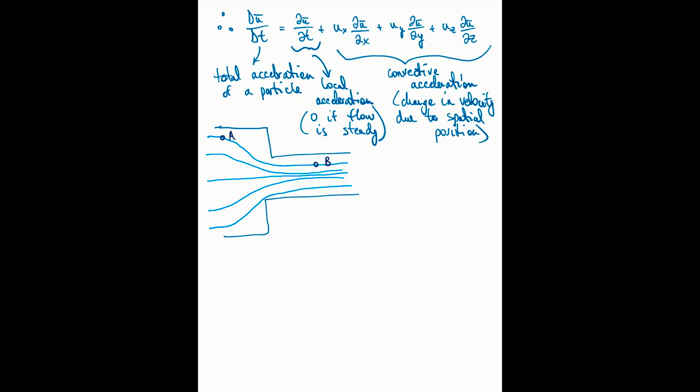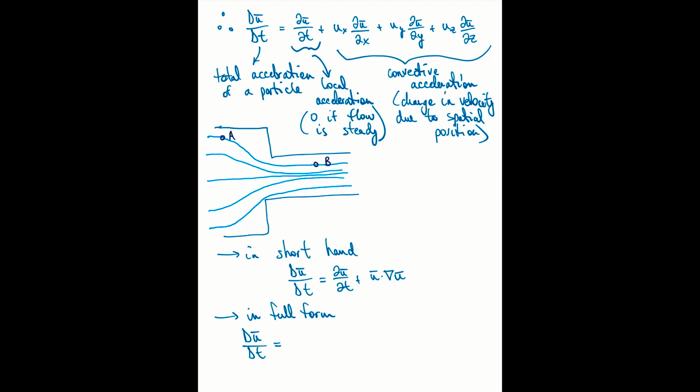Now we're going to write out the material derivative in shorthand just for completeness. Just so we're familiar with the notation, we can write it as u dot del u. So you recognize it when you see it. And then in the full form, because it's a vector, that's why I'm writing those bars over it to distinguish it.